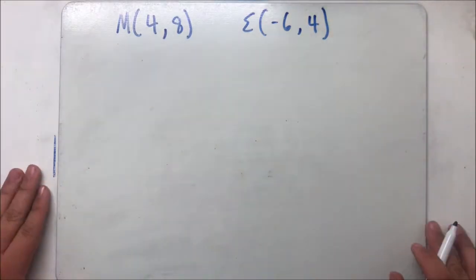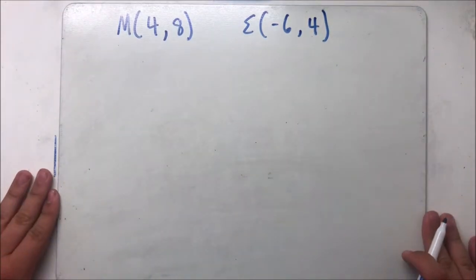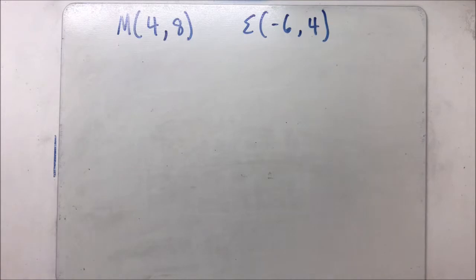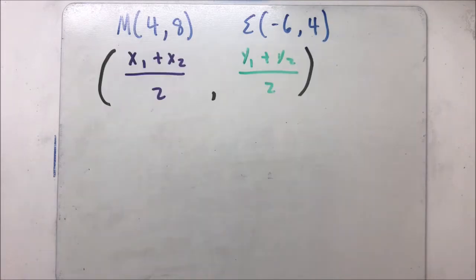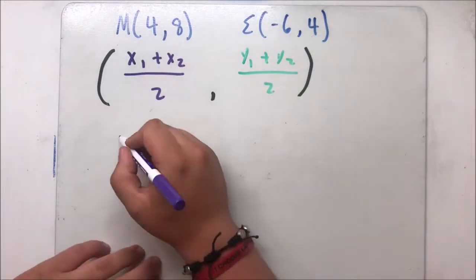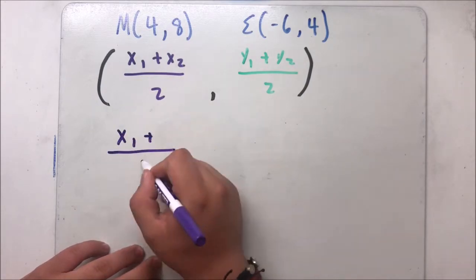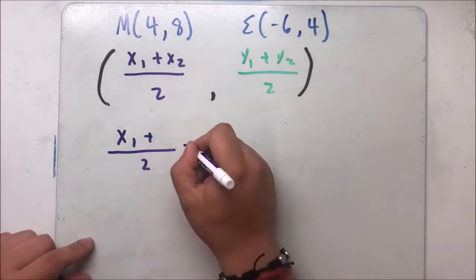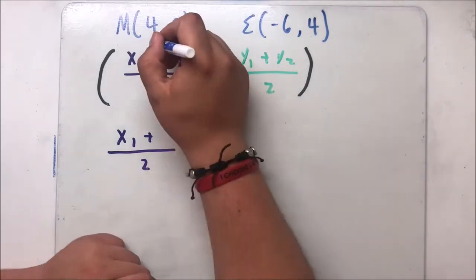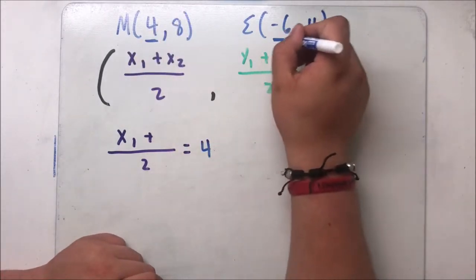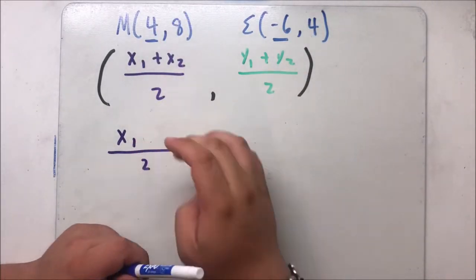So we take the midpoint and the endpoint, and again we are going to be using the midpoint formula. Since we already have our midpoint, we know that this is going to equal 4, and that x2 is -6.